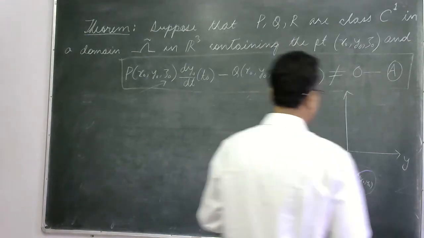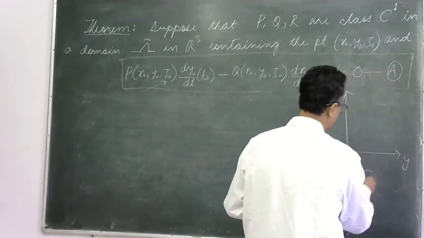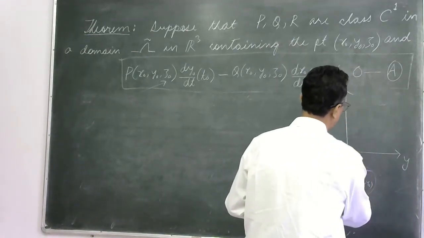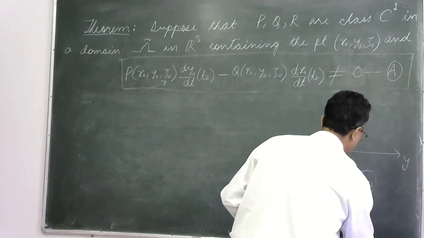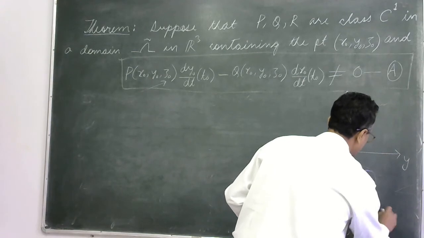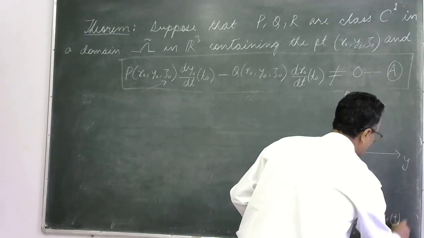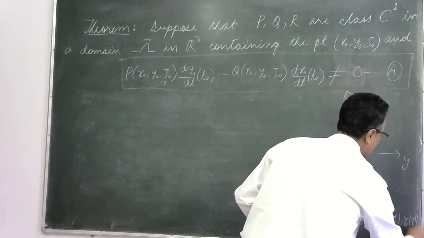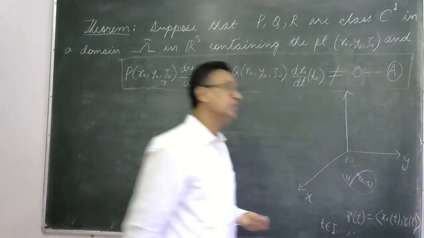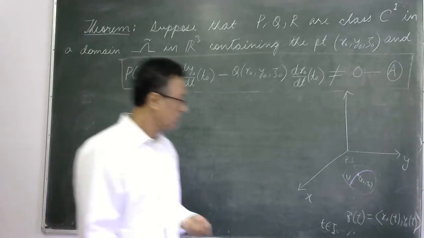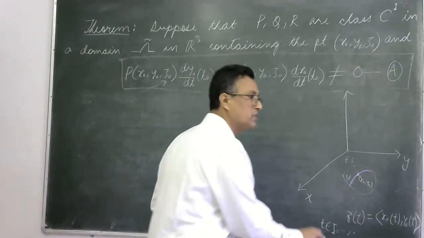Then again this curve I can parameterize as r(t) equal to simply (x naught(t), y naught(t)), where of course t lies in some interval I. Is it visible? Okay, it is visible.